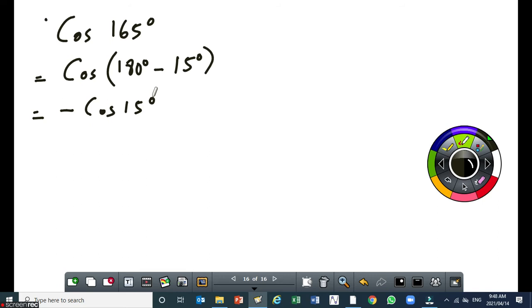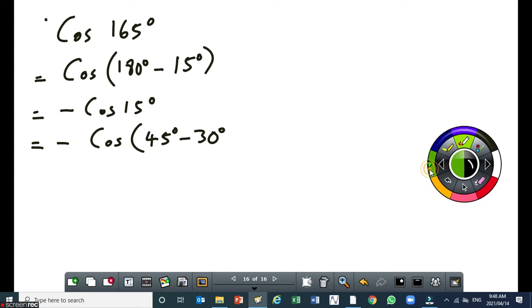Now I need to use my knowledge of special angles to carry on here. The only two angles that can give me 15 degrees are 45 minus 30. So this becomes minus cosine of 45 degrees minus 30 degrees.